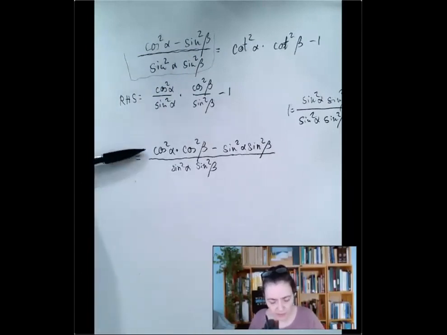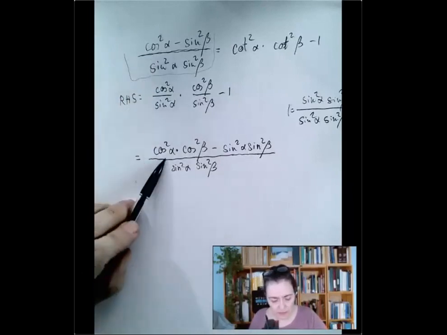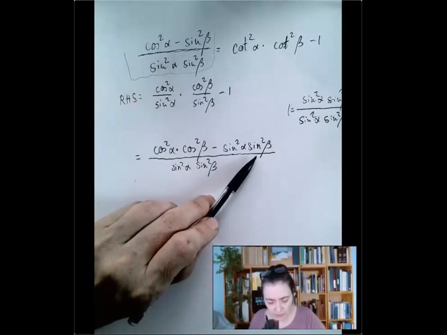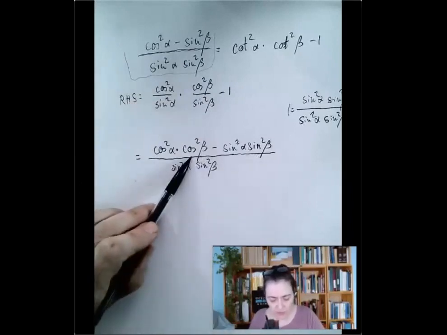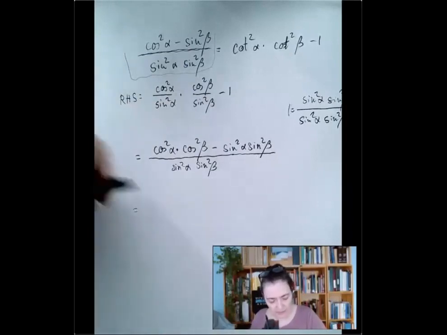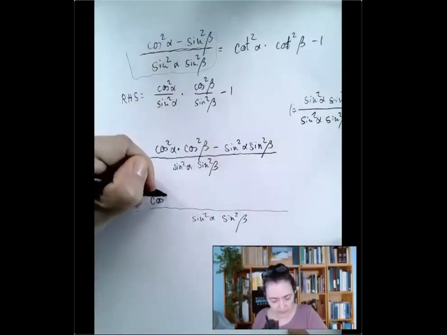The numerator looks way too high in degree, and these are products that somehow need to be collapsed down. Cosine squared alpha, that seems to be all right. Sine squared beta, that seems to be all right. So I would first do something about this. Let's just try and rewrite it.